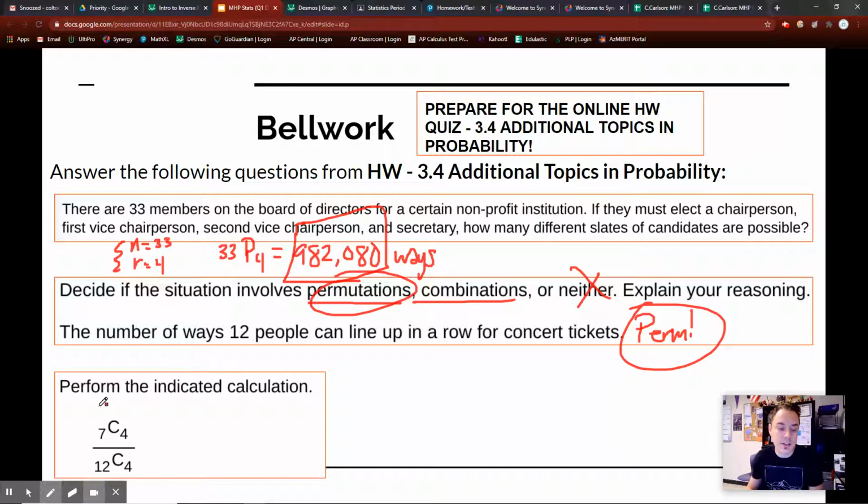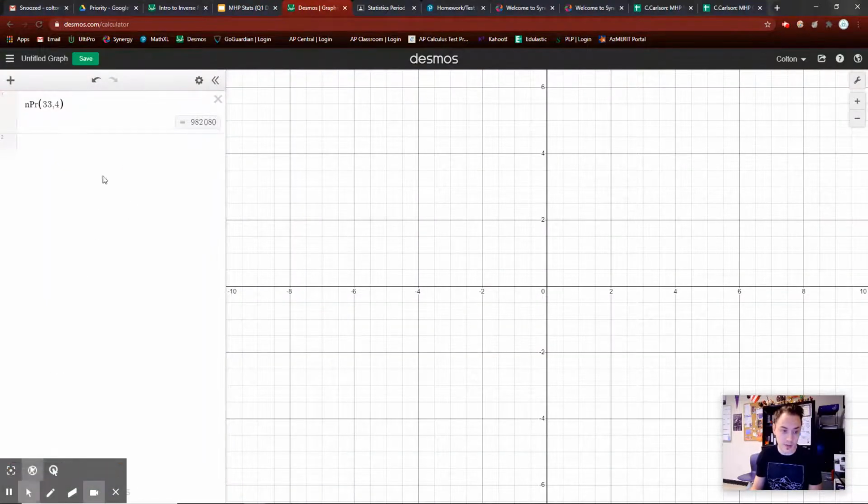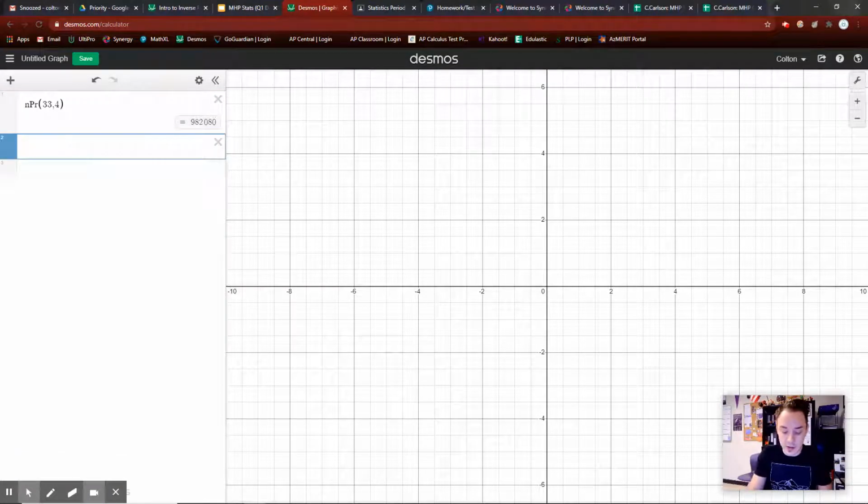And the next one is 7C4 all over 12C4, okay? How do I do that? Well, first, let's go to Desmos. So I can do nCr, so 7C4 all over nCr, and then 12C4, I think it was, 12, 4.